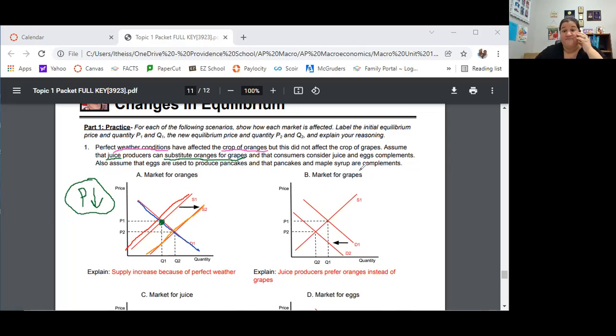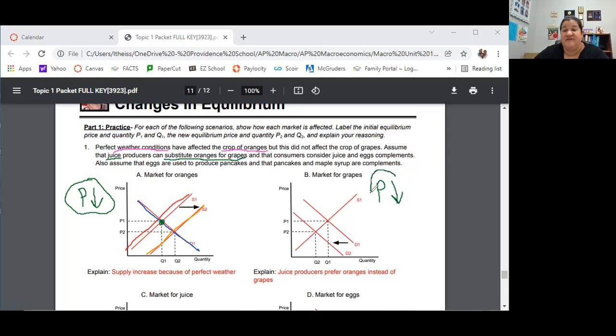So again, look at your equilibrium points. Quantity decreased and price decreased. So a true statement is that the price of grapes dropped because the demand dropped.